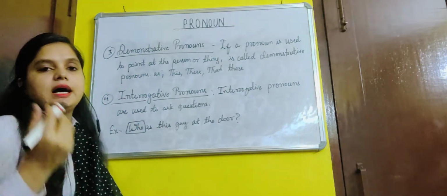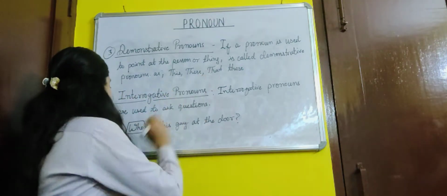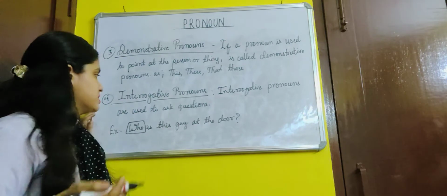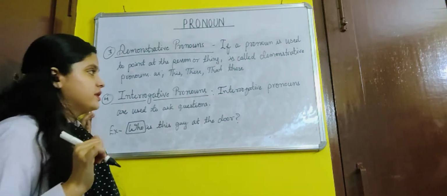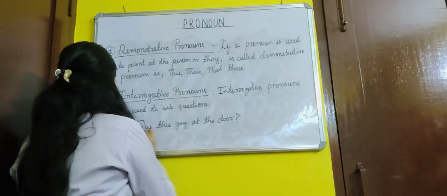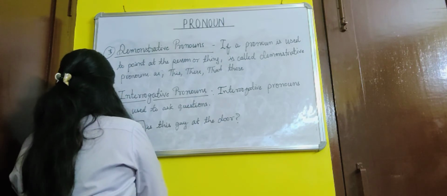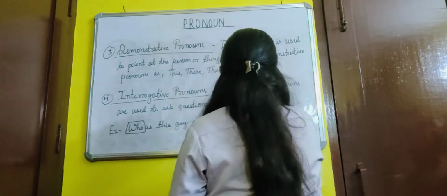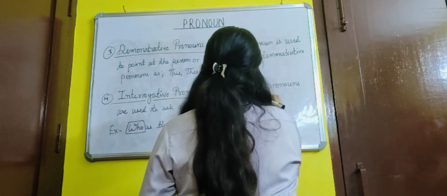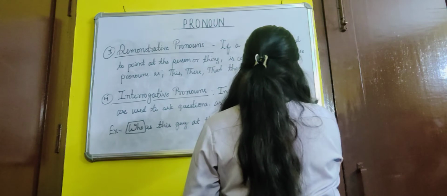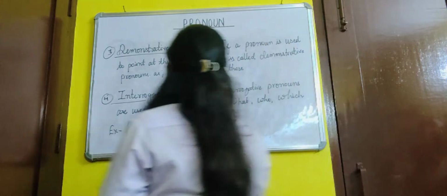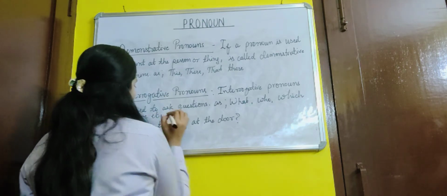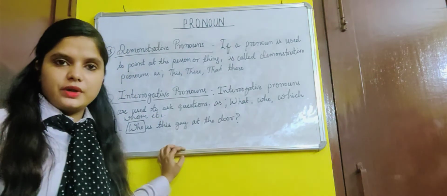Like, who is this guy at the door? So such words that are used to ask questions are called interrogative pronouns. For example, what, who, which, whom, etc. are the examples of interrogative pronouns.